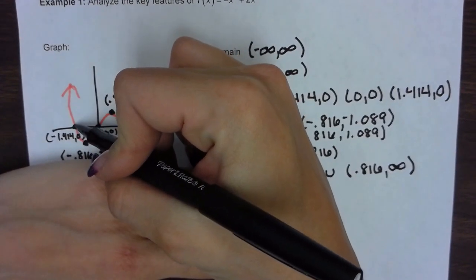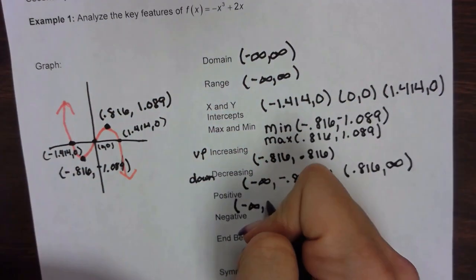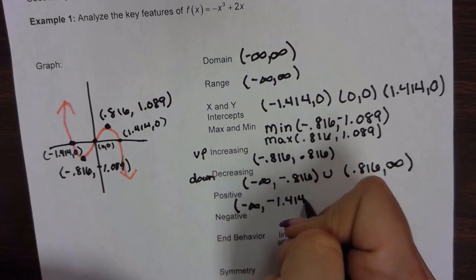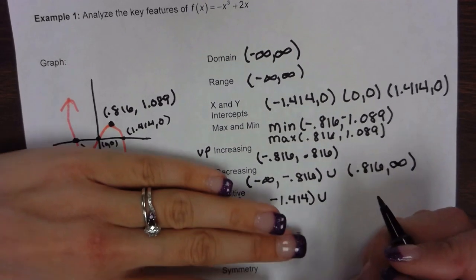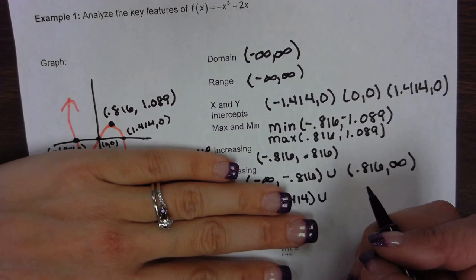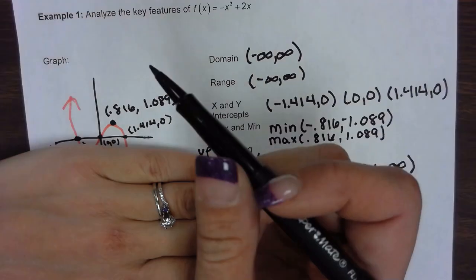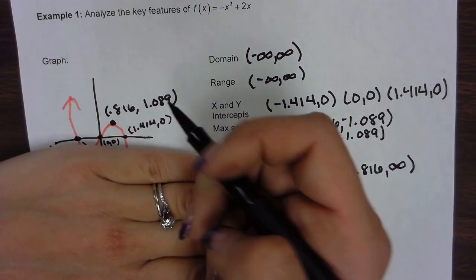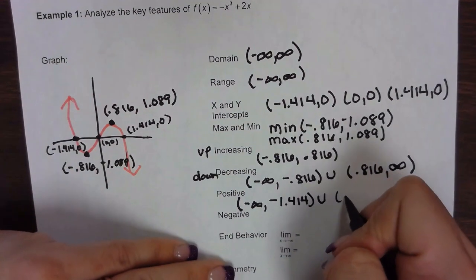Right, that's where it's above. The x value is negative 1.414. And where is it positive again? Well, look at the x values here. It goes from 0 to 1.414.